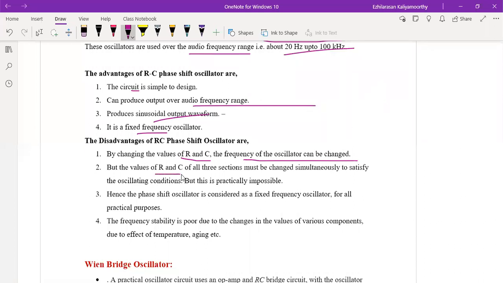But the values of R and C of all three sections must be changed simultaneously to satisfy the oscillation condition, which is practically impossible. So the phase shift oscillator is considered a fixed frequency oscillator for all practical purposes. The frequency stability is also poor, due to changes in component values from temperature effects, aging, etc. These are some disadvantages of the RC phase shift oscillator.